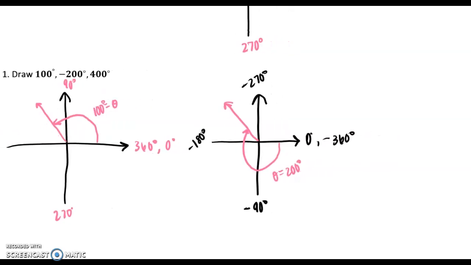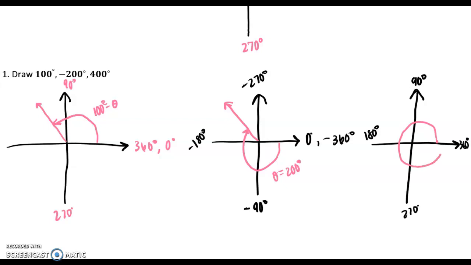All right, and our last one is 400 degrees. So since we're doing positive angles, we'll do the positive. And then we'll start at 0. So we start down here. And 400 is actually, we go around once and then a little bit more. So about there.